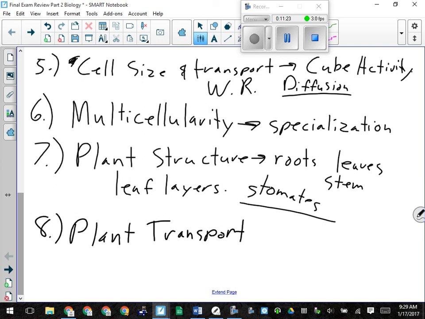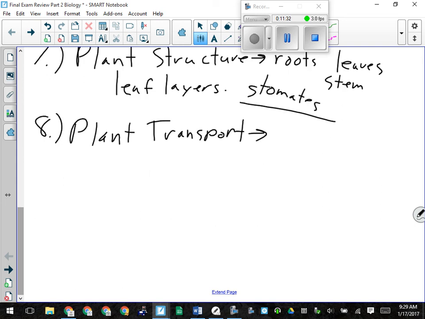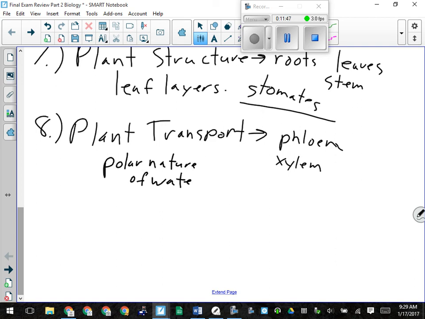Plant transport. When we're talking about plant transport, phloem and xylem, polar nature of water. And what else? Osmosis, yeah.